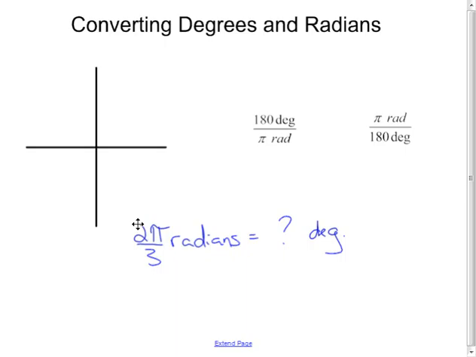Well, again, I'm going to need to multiply by either 180 degrees over pi radians, or pi radians over 180 degrees.